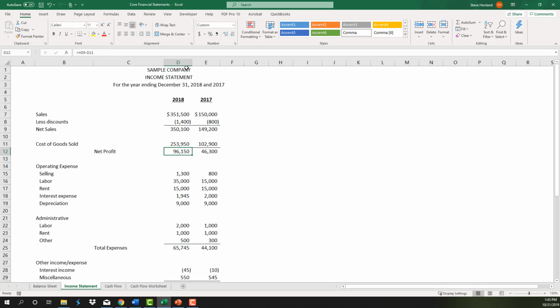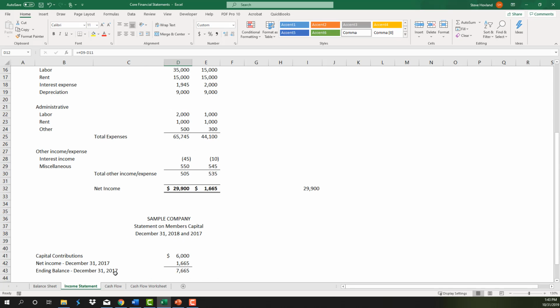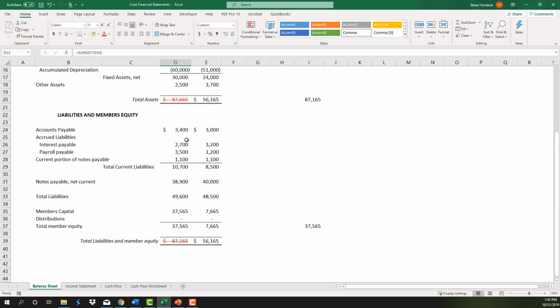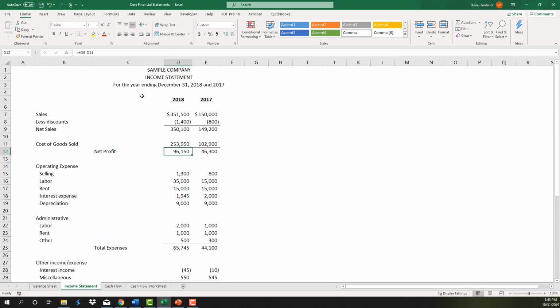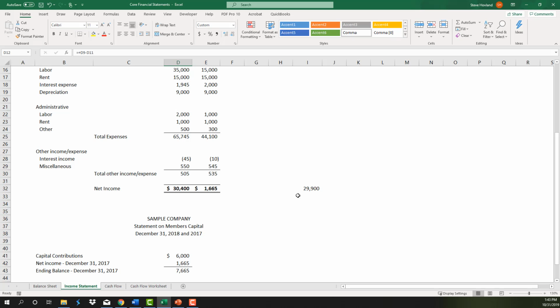If we do it this way, say, oh, what's wrong with this? Well, we're going to come over here. Our balance sheet is still going to be out of balance. So even if you didn't catch it immediately knowing what the balance should be, the beauty of this balance sheet is the way it's set up, it'll catch that. So let's go back and say, here's that inventory that we released. So now our net income went up only by $500.